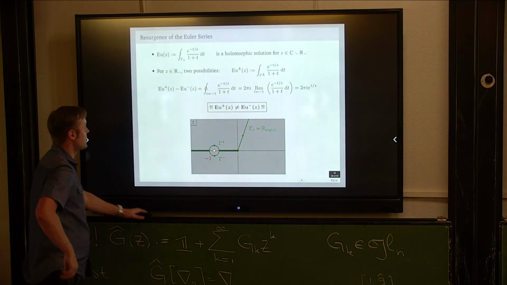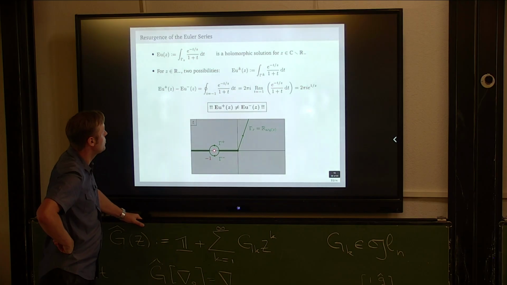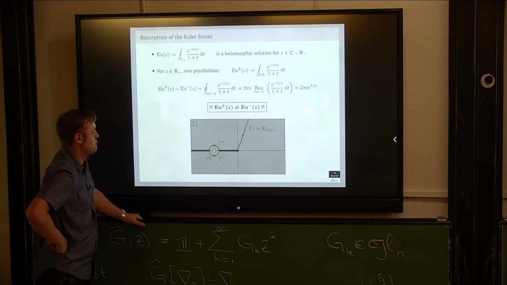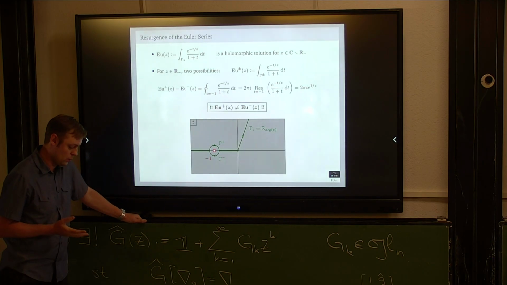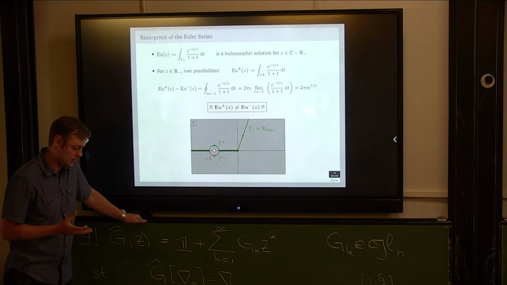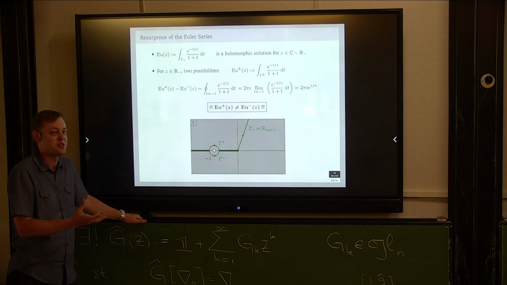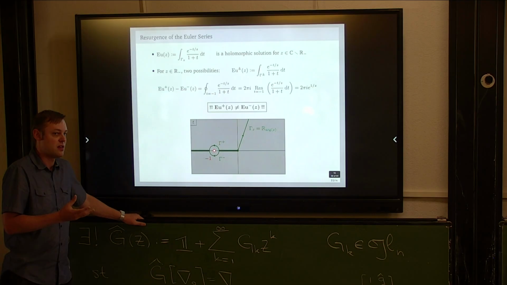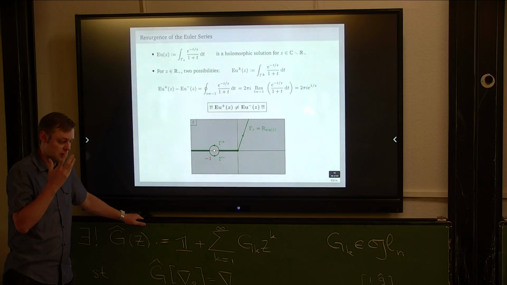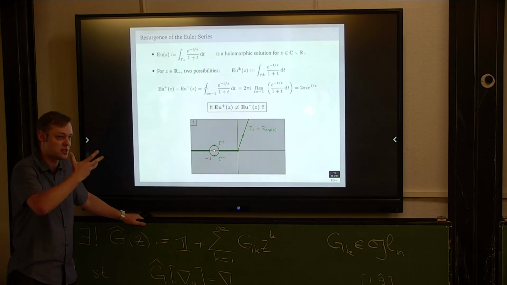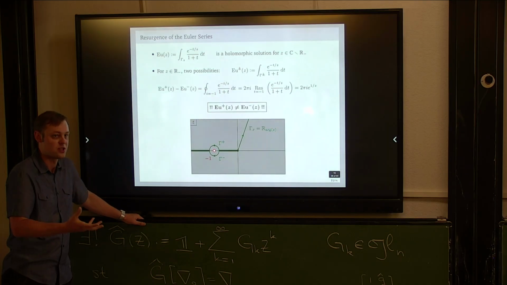So the important observation is that although we started with one formal power series, that's the Euler series, we came up with a method which is a consistent method. The method works the same way for all directions.